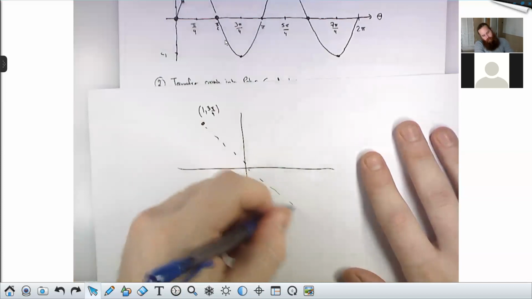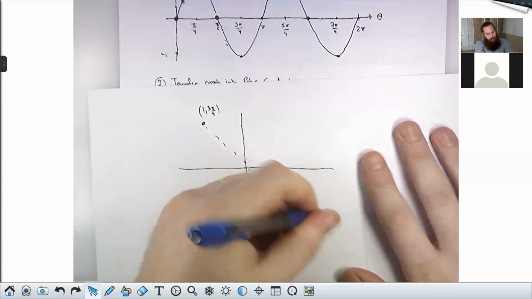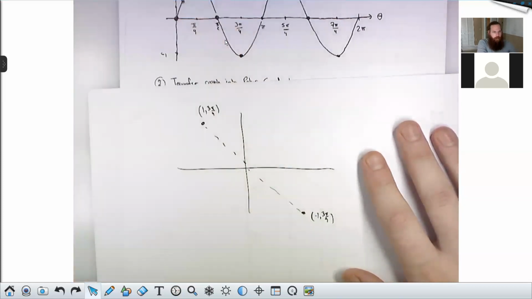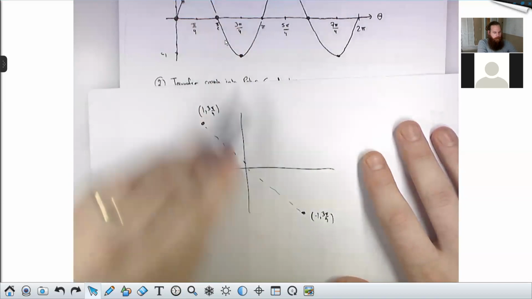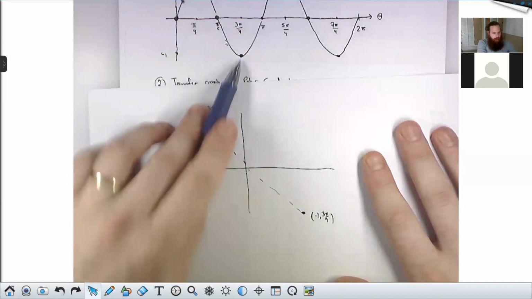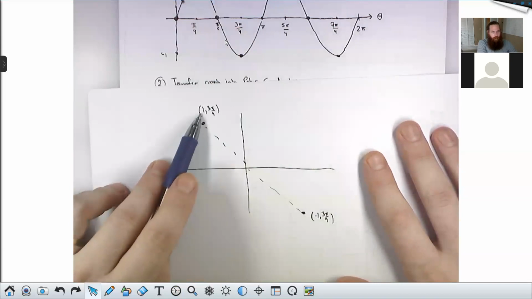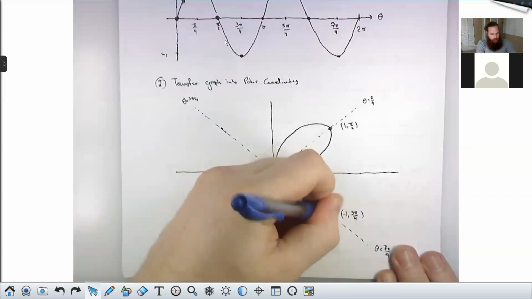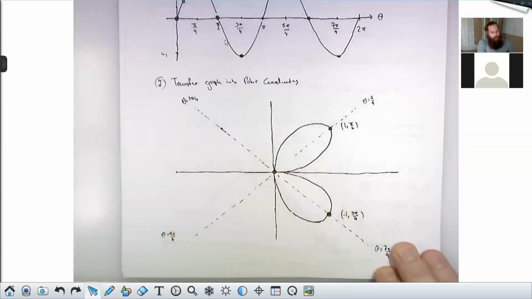So the polar point (-1, 3 pi over 4) is down here, reflected through the origin. And when theta is 3 pi over 4, r is negative 1. So the point I'm looking for in my polar graph that corresponds with this point in the rectangular graph is over here, reflected through the origin from (1, 3 pi over 4). So that gets me out here. So this min corresponds to this point.